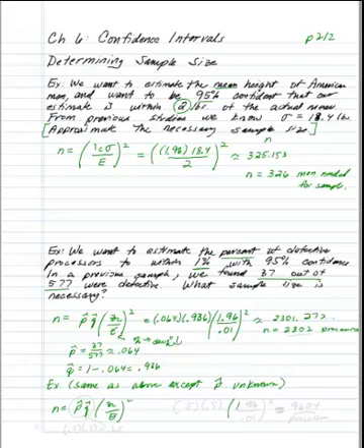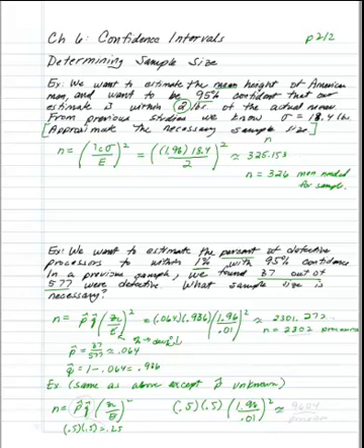So we're still going to have the 1.96 over 0.01, squared. But from college algebra, actually, we know that the very greatest the product p hat times q hat can possibly be is 0.5 times 0.5, which gives us 0.25. So let's go ahead and put down 0.5 times 0.5, 0.25.